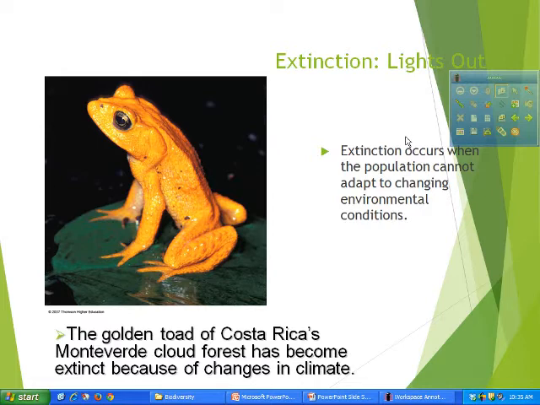It can either adapt to the new reality, or it will die off. So if it can't leave, it's going to die when it can't adapt to the changing conditions. For example, the golden toad in Costa Rica is now extinct because of climate change. The Monteverde cloud forest in Costa Rica has become colder and colder, and the toad can't survive.